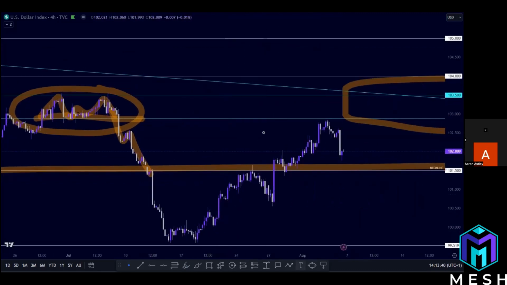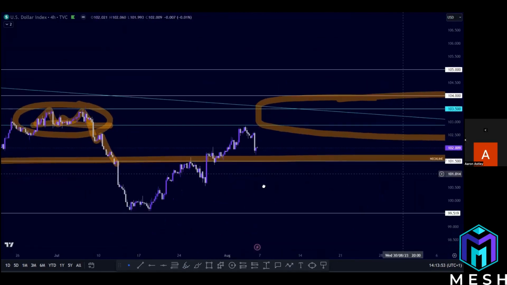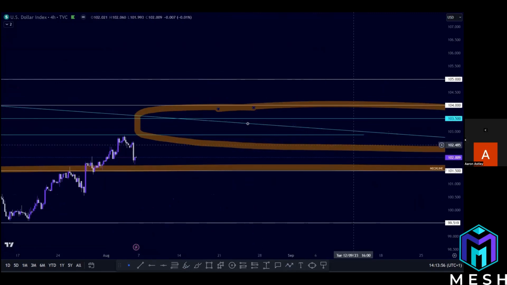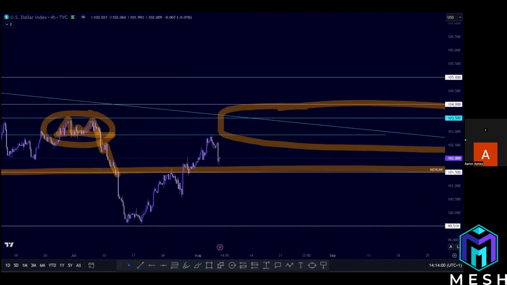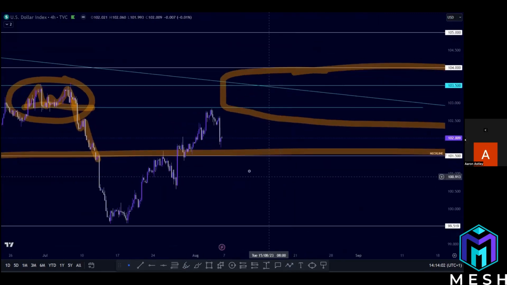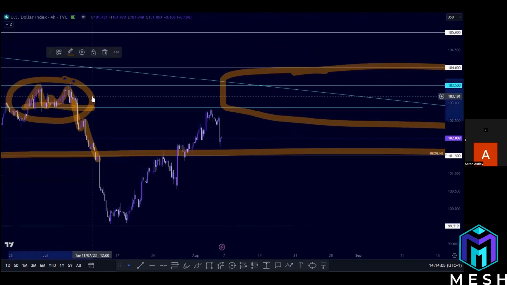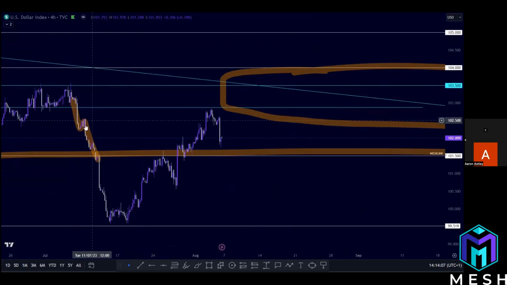Now it's looking as if on the smaller time frames we had the confirmation of that last week, and I don't think we'll break this 101.500 until we start to get in this squeeze. Once we have this squeeze and that convergence, we do see a lot of volume, a lot of volatility on those breaks, which we'll be very interested in.